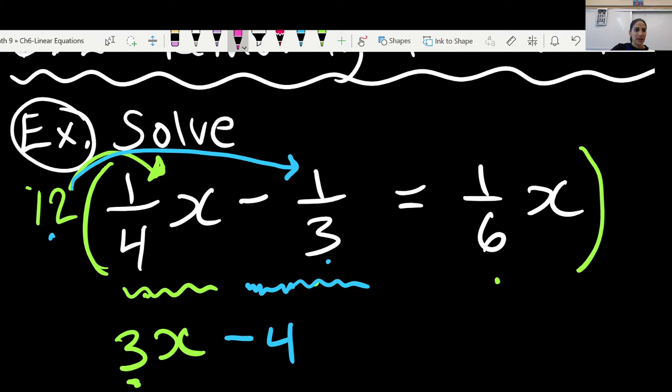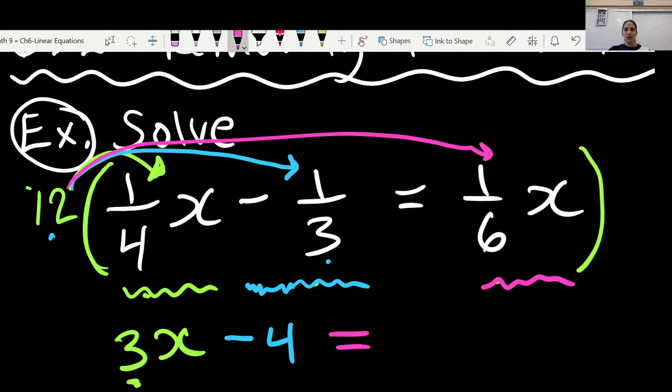Then I take my 12 and distribute it over the equal sign, to this term over here, that's 1 over 6x. Again, 6 goes into 12 2 times, so I would end up with 2x after distributing that.